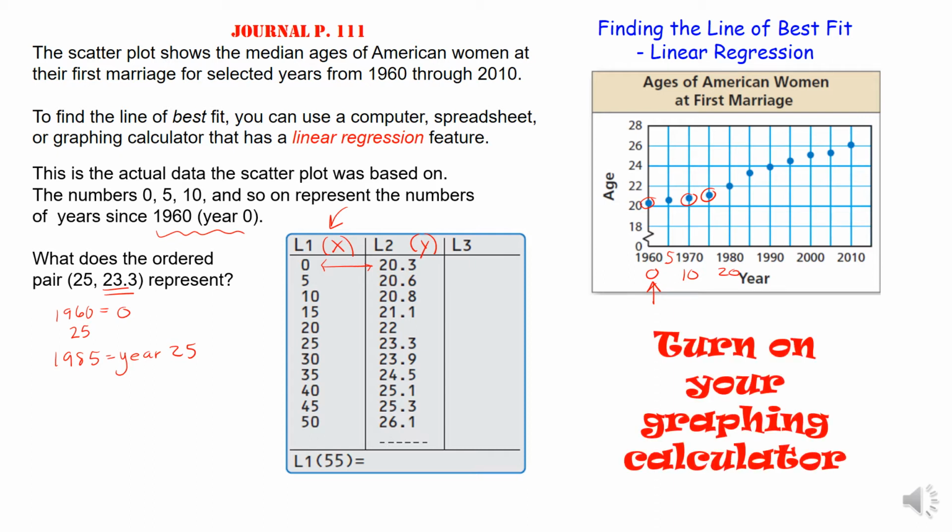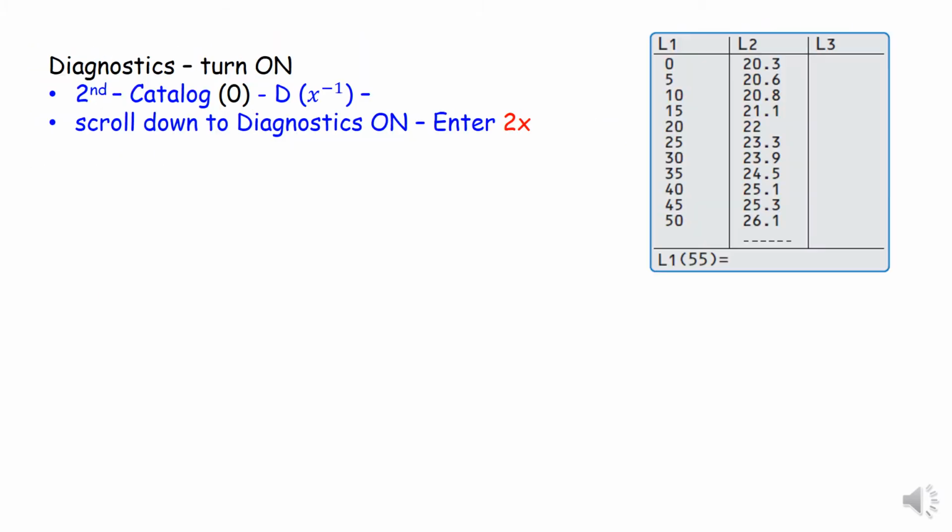So now you're going to turn on your graphing calculator, and I'm going to show you how to do this entry part. First thing you have to do with your calculator is go to diagnostics and turn them on. So you hit second and the catalog button, which is your 0. Then you hit D, which is above this line.